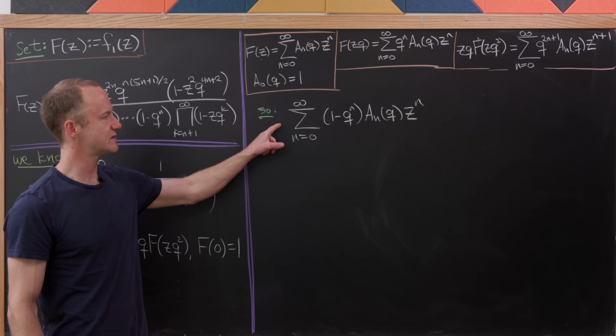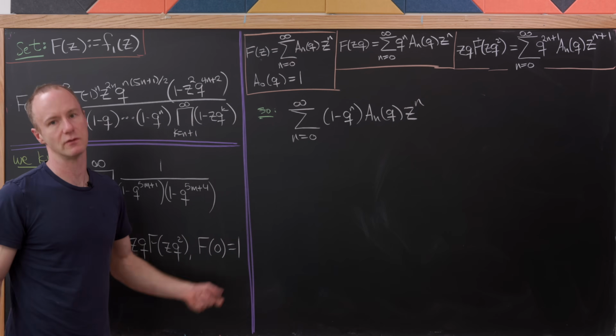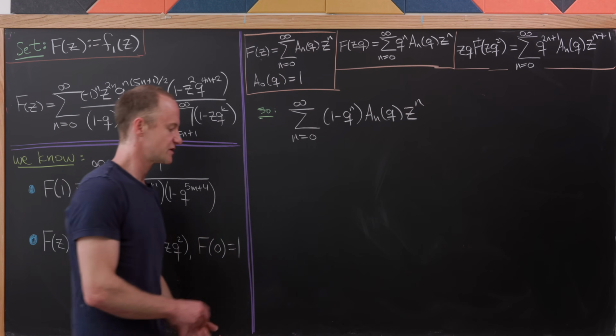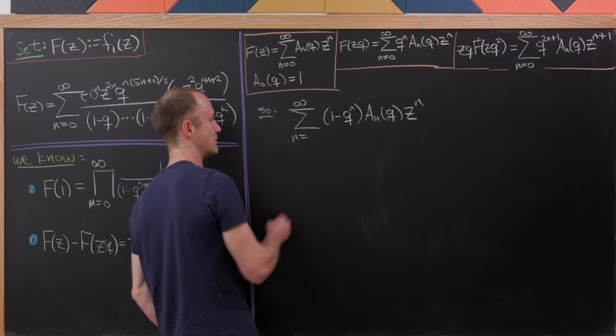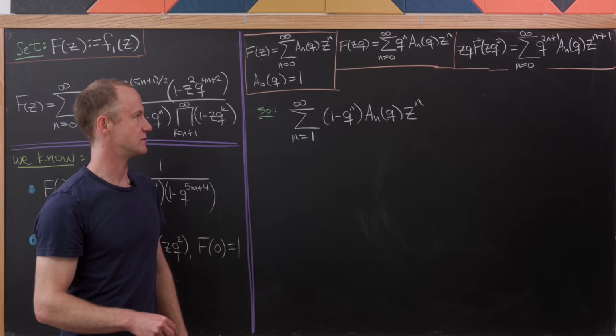But we can also see it exactly right here: we get 1 minus q to the 0, which is obviously 1 minus 1, which is 0 as well. So since the 0th term is equal to 0, I can take the starting point and change it to a 1. That's exactly what I'll do.